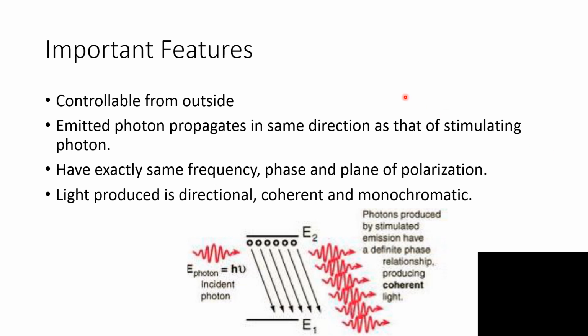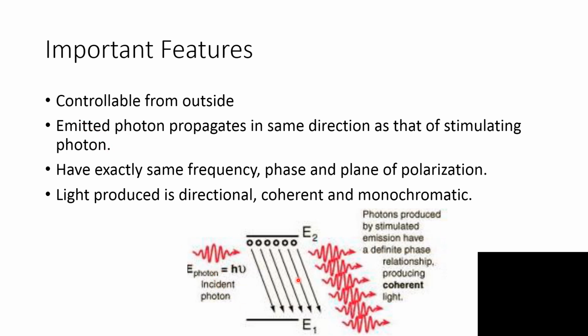Okay, here we have the important features of stimulated emission. This is controllable from the outside. In spontaneous emission, we can't control the process, but stimulated emission we can control from outside. Here the emitted photon propagates in the same direction as the stimulating photon.